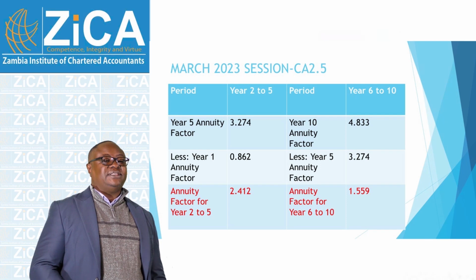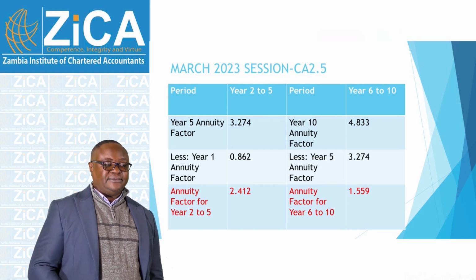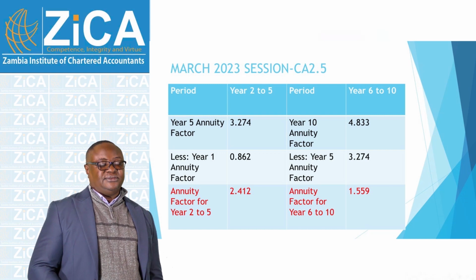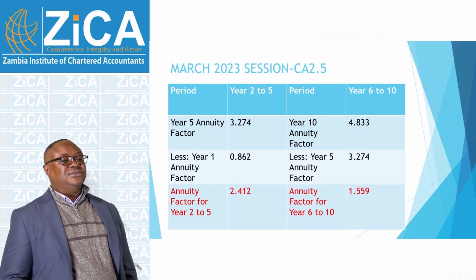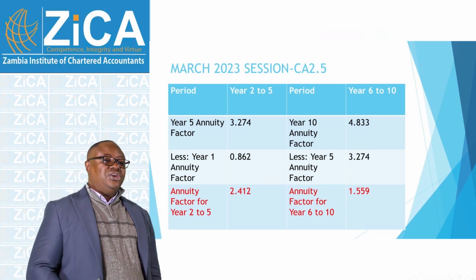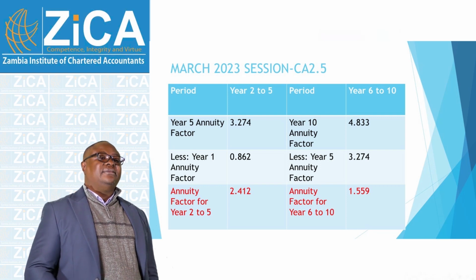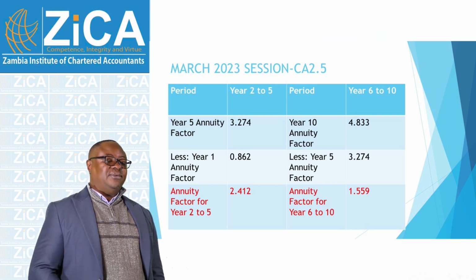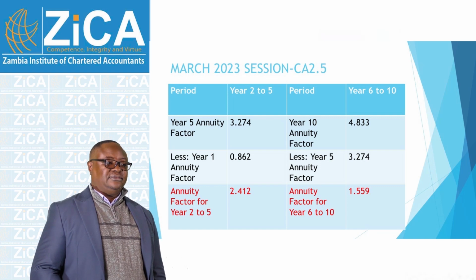Similarly, you use the same for the annuity for year 6 to year 10. Again, you remove year 5 because you are looking at 6 to 10. Now, these annuity factors, you will find them under the annuity tables. Each examination paper that is given to you has these tables, the present value tables and annuity tables. And this is where you get the information from.